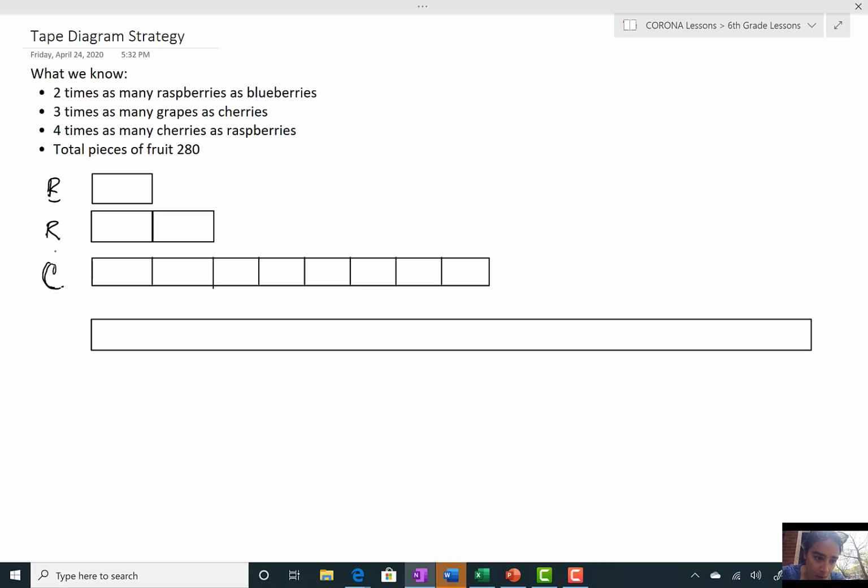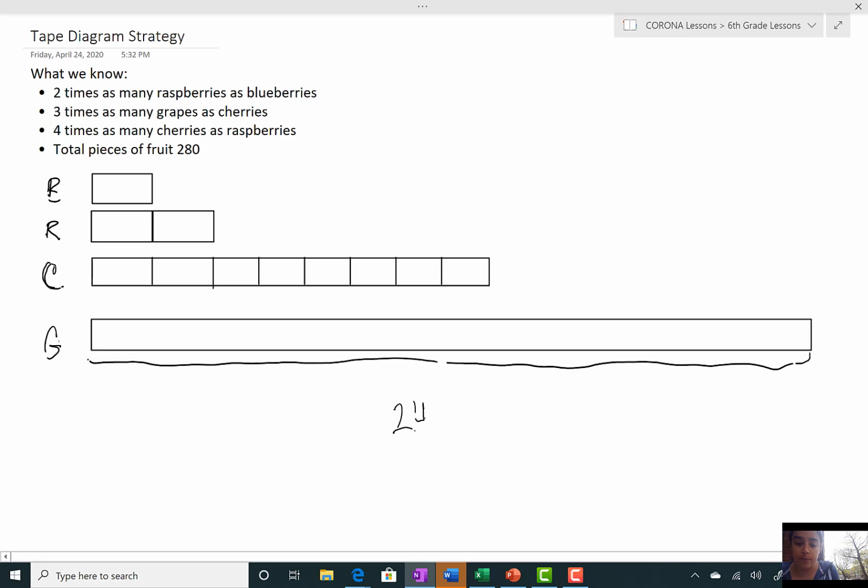And then 3 times the amount of cherries would give me the grapes, which would need this to be split into 24 pieces, or I'm just going to put under here that this is 24 pieces of fruit. So we have 1, 2, 8, and 24.